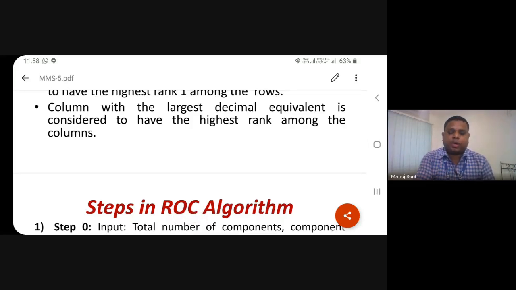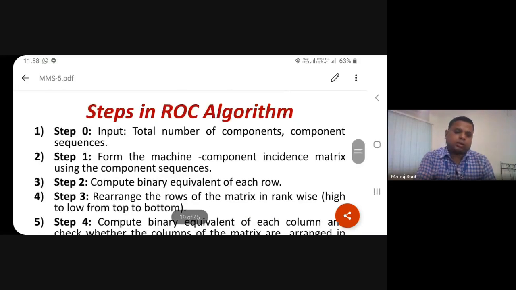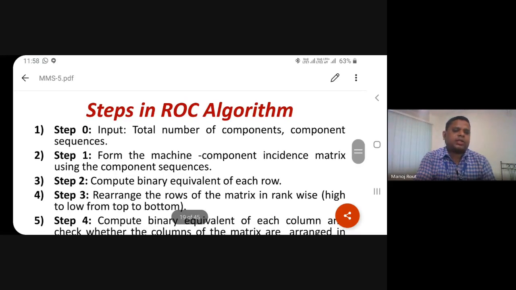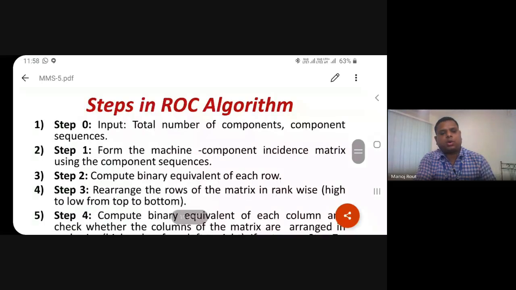The next step of the ROC algorithm, that is step 0 or step 1, is to input the total number of components, and then the component sequence should be considered. The next one is step number 2, from the machine component incidence matrix, the row matrix and column matrix of the component sequence should be mentioned.